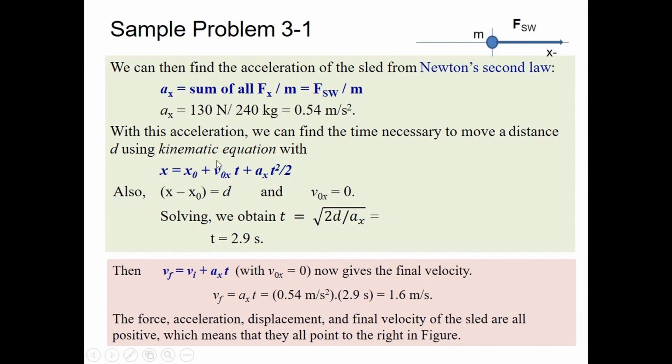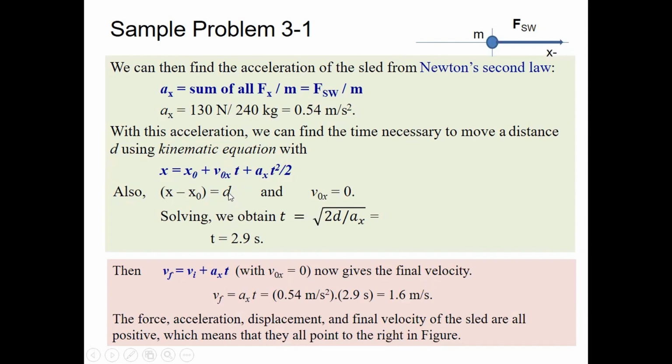V0x is the velocity at time t equal to 0, and t is the time. ax is the acceleration in the x direction, and t squared is the time squared, divided by 2. Now we can take x0 to the other side as x minus x0, which is the distance d traveled by the sled when force is applied.